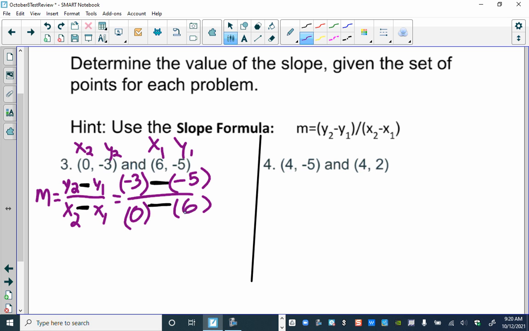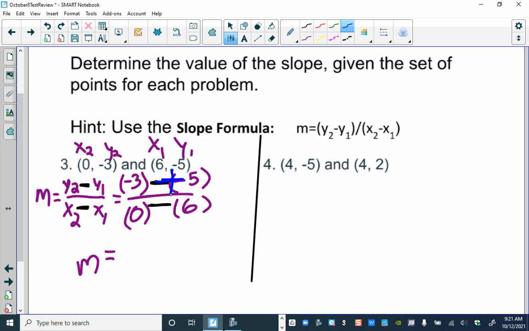Now, what really takes place when you have a minus negative? What operation is really happening? You're adding. So really, your numerator, you're adding -3 plus 5.